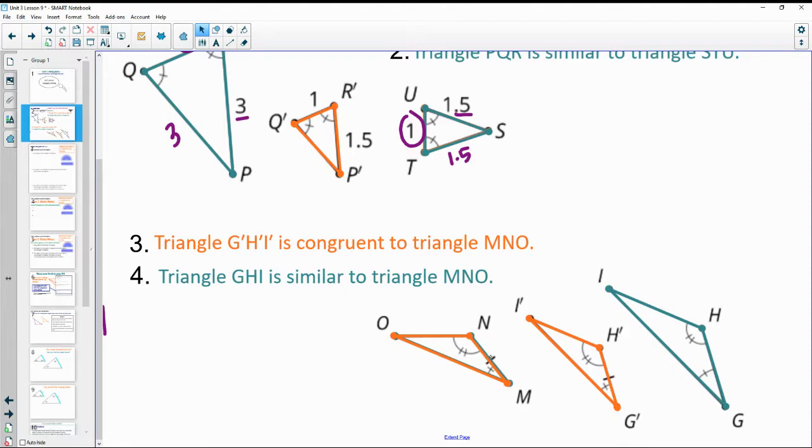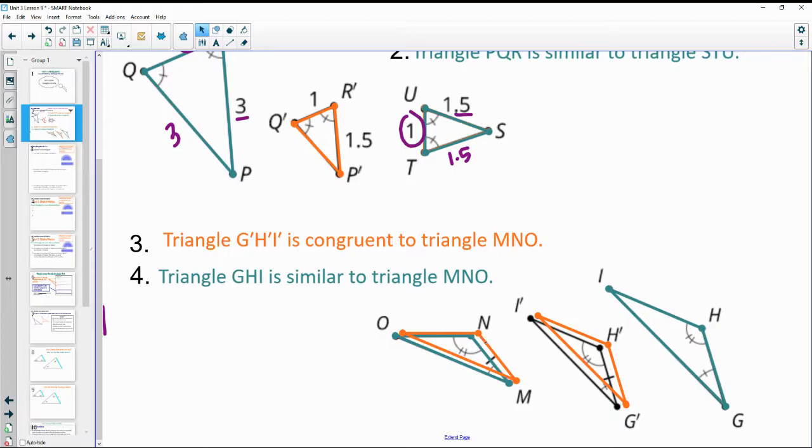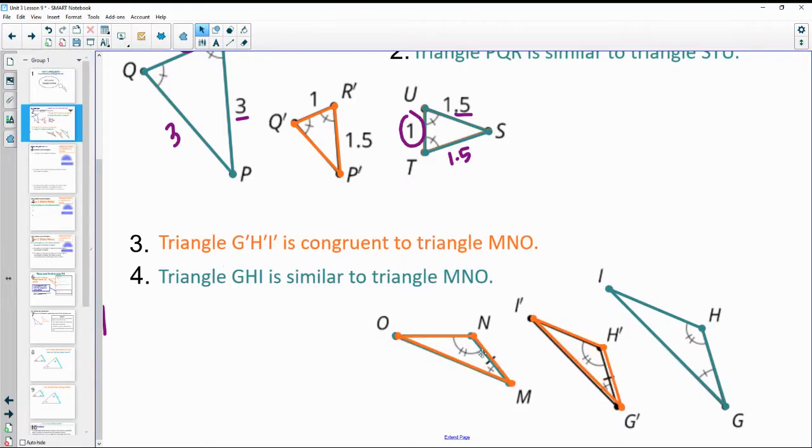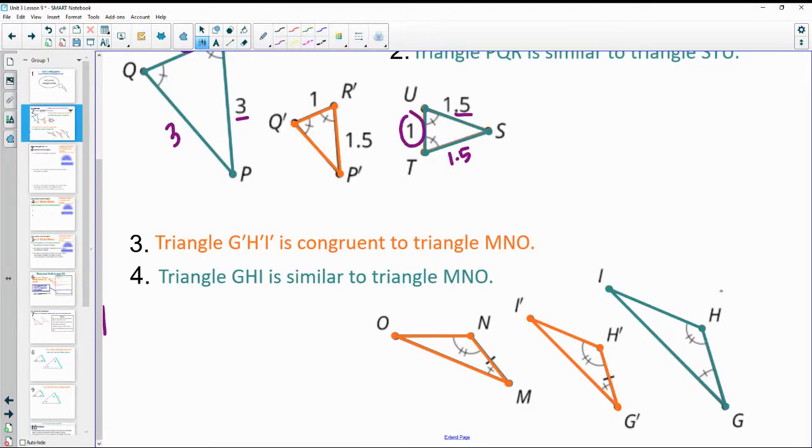And then we only have one side marked for us, but we could scale that open to this one. So we could scale this, right? We could take whatever this side HG is divided by NM, and that would give us our scale. So that's going to open this side length here to this width.